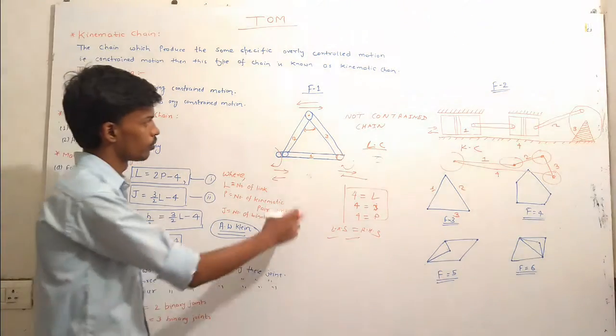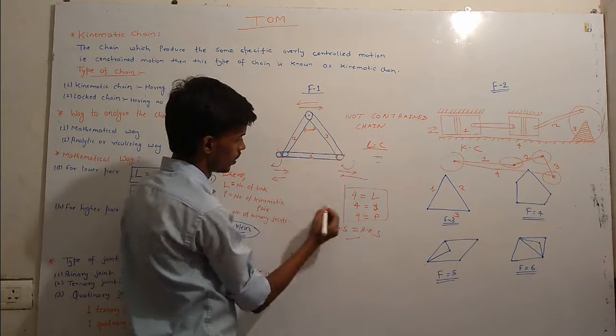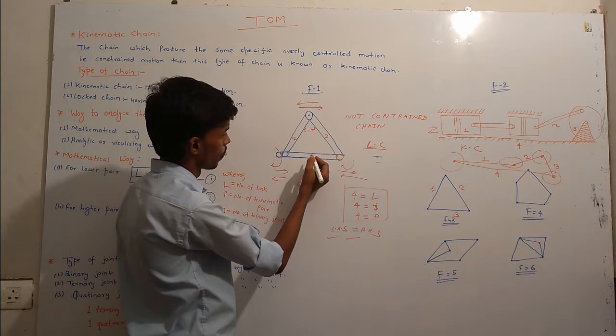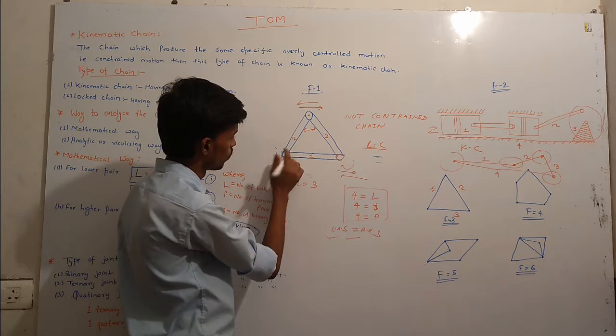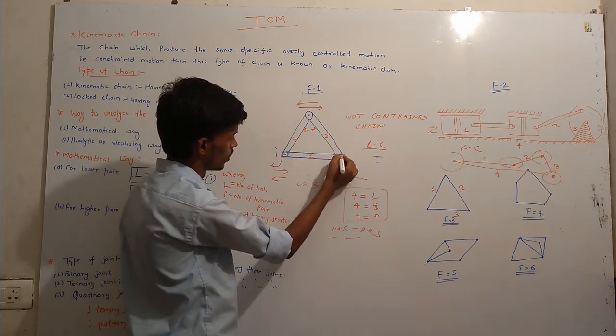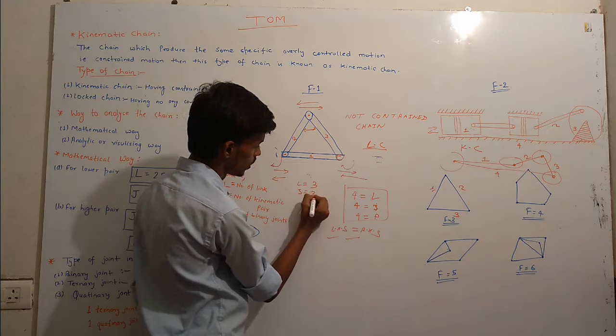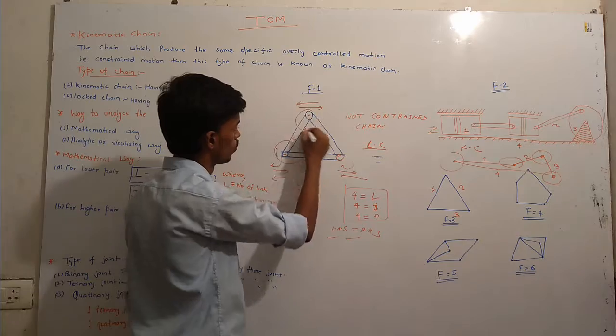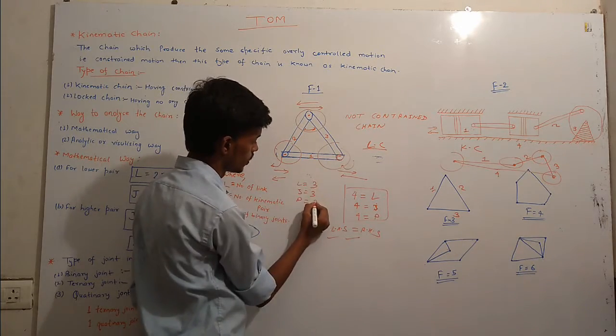Here the number of links is 3. L is equal to 3, and the number of joints is 1, 2, and 3. Number of joints J is equal to 3, and the pairs P are 1 pair, 2 pair, and 3 pair. The number of pairs is also 3.